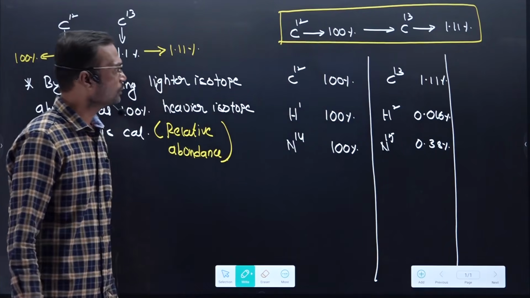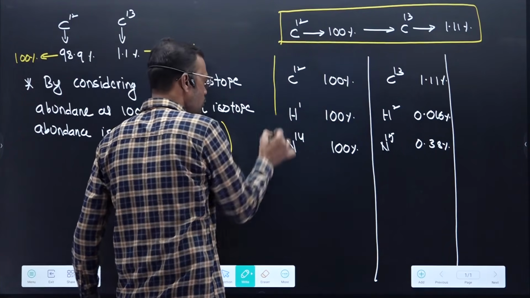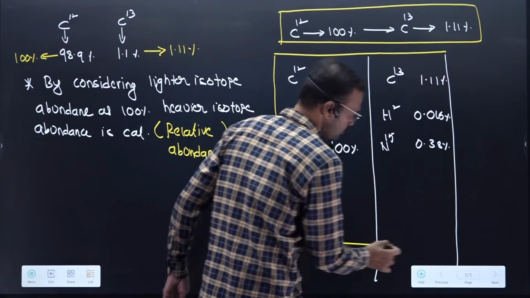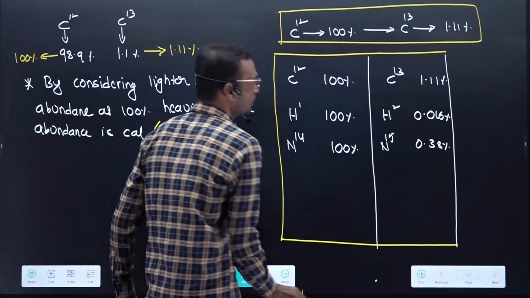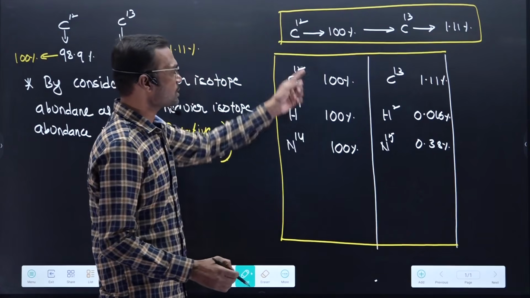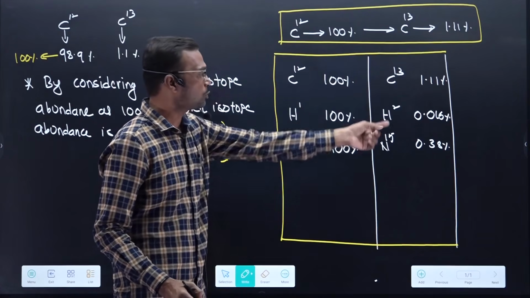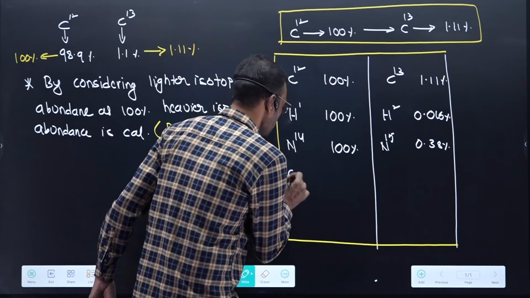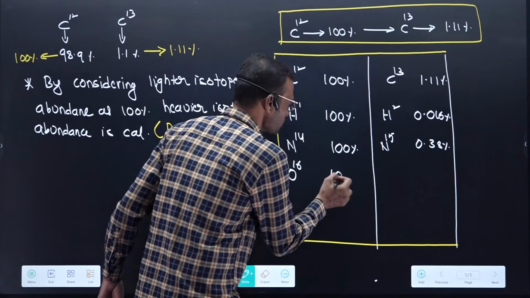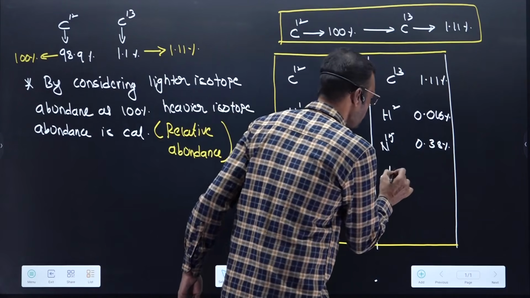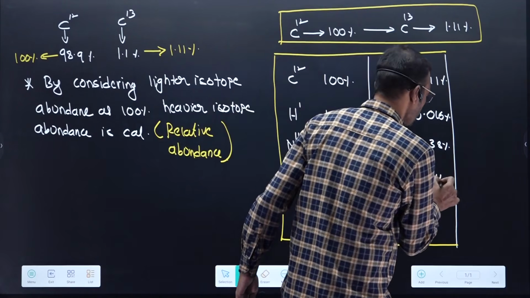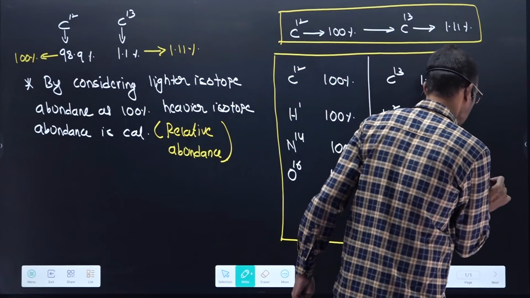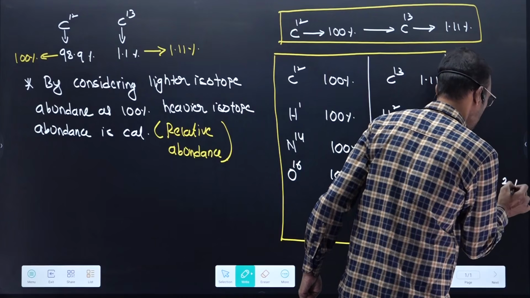No other alternative. So this is lighter isotope abundance. Right side columns belong to heavier isotope abundance. Lighter isotope is always taken as 100%. Heavier isotope percentage I am giving now. Suppose I take oxygen 16, O16 is 100%, O17 is 0.04 percentage, and there is one more isotope for oxygen, O18, whose abundance is 0.2%.